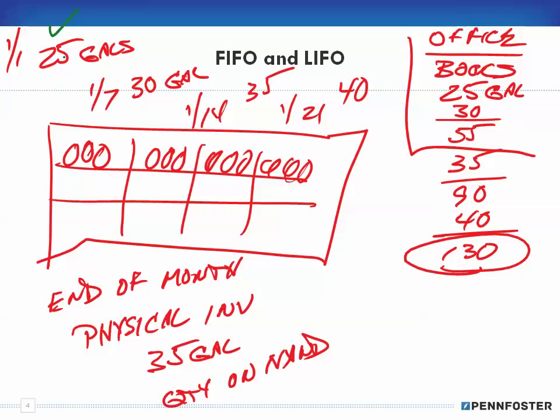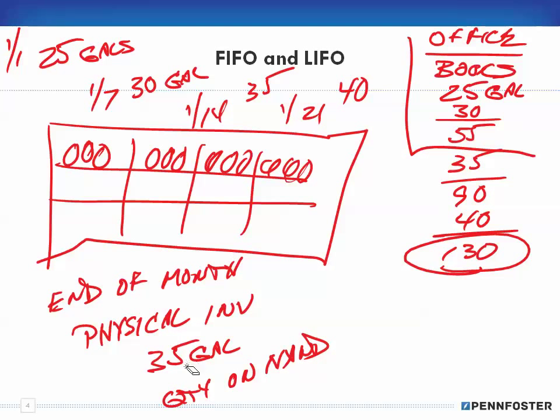So they say, okay, I take off 25 here, and I still need 10 more, so I'm going to take 10 more out of this group of 30, and then I'm going to figure out the rest of the value of my inventory. That's wrong, right? The reason why is because, yes, this is your quantity on hand.